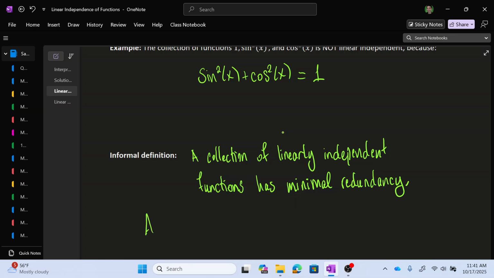By contrast, a collection that is not linearly independent has a redundant function in there somewhere.